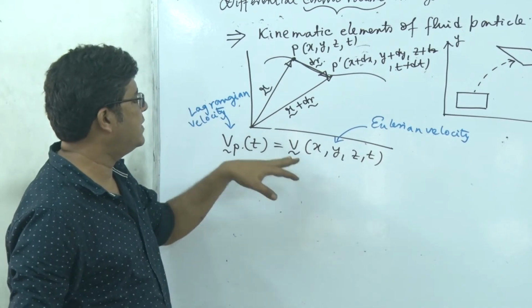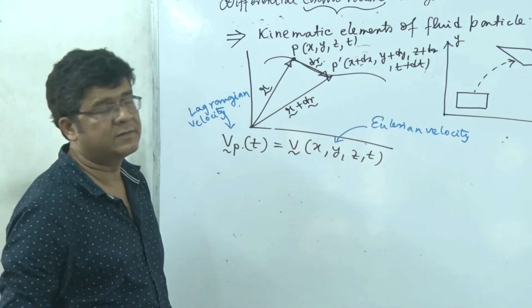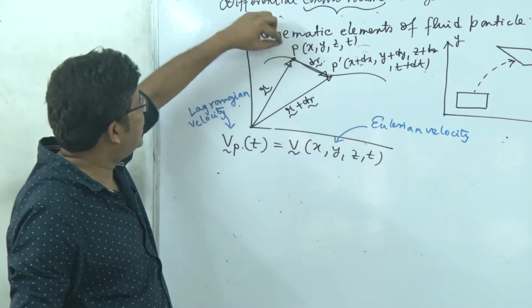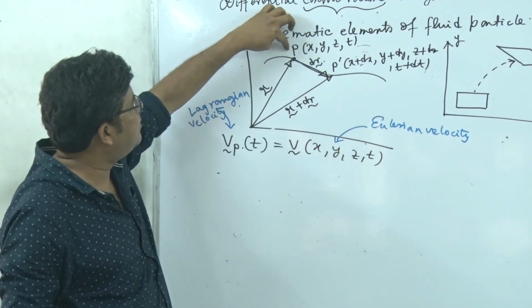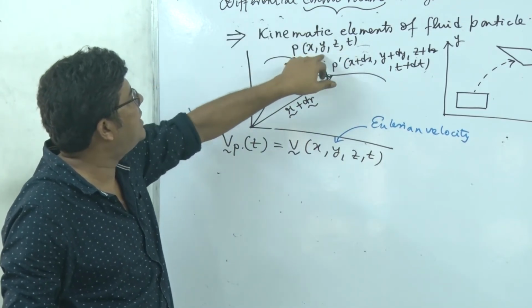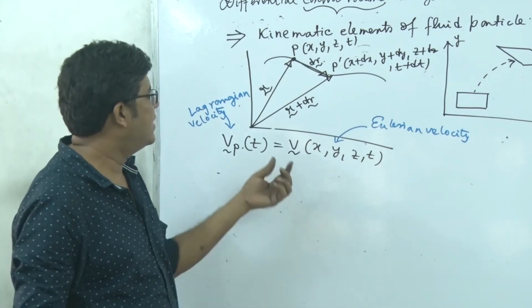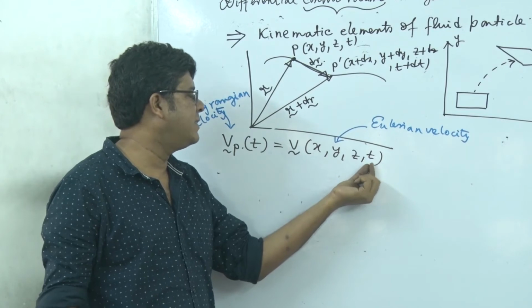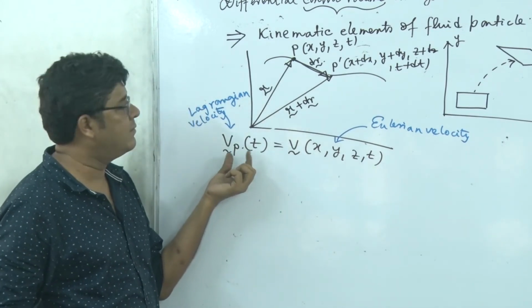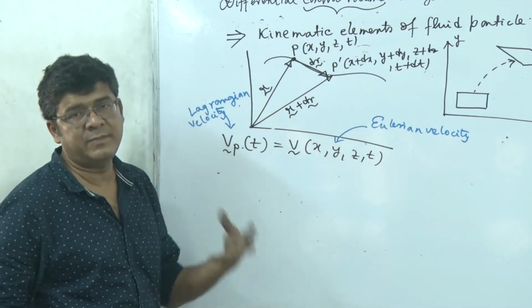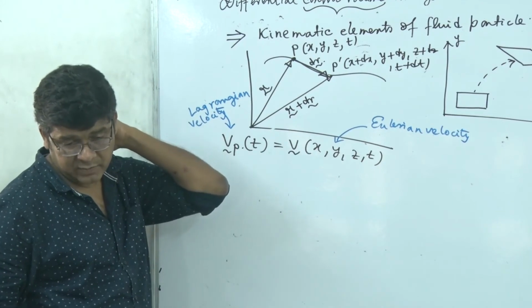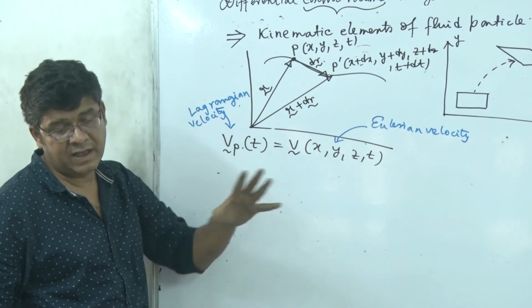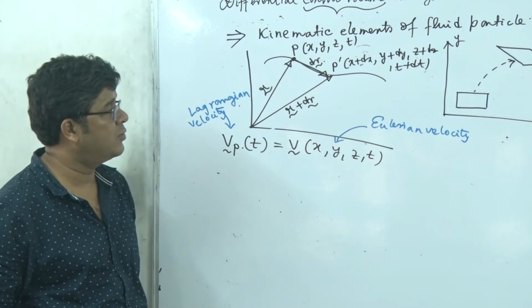That means a velocity is expressed as a function of space coordinate and time. So whenever the fluid is passing through the point P at time t, and point P has got coordinate x, y, z, the Eulerian velocity at x, y, z and at time t will be same as that of Lagrangian velocity at time t, and that is basically the corroboration between the field-based approach and the particle-based approach.